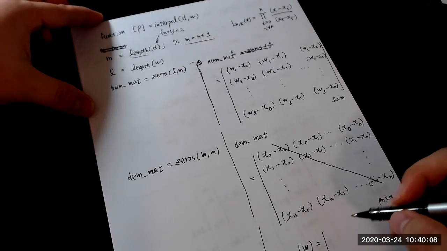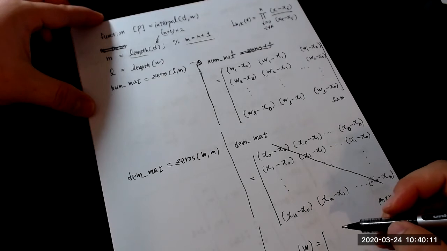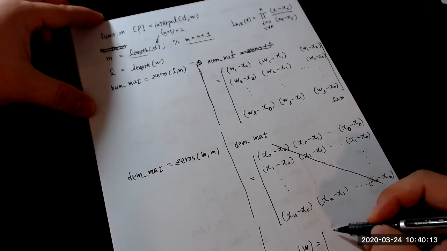Then this is going to be the product over i.